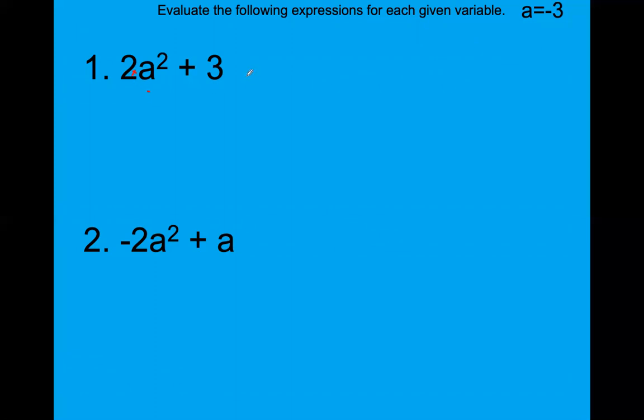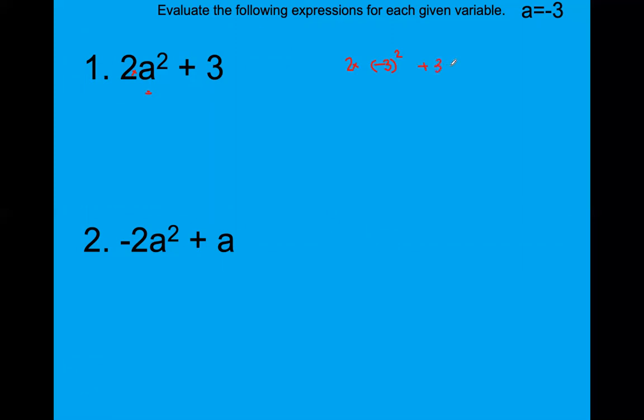So we will have 2 times, instead of a, we put minus 3. Now, I usually put negative numbers in brackets, so we don't get confused with too many operations in order. So minus 3, only minus 3, is to the power of 2, plus 3.